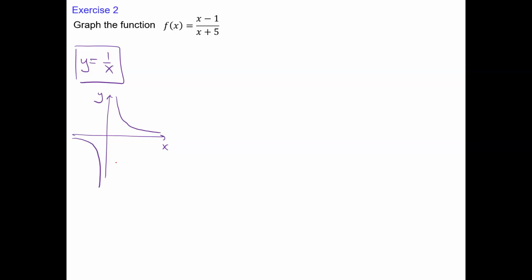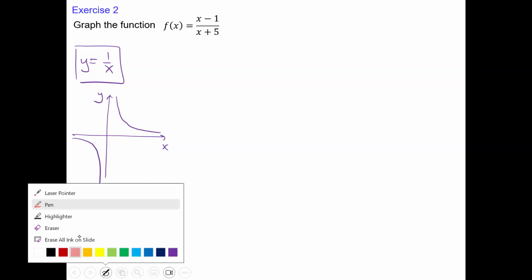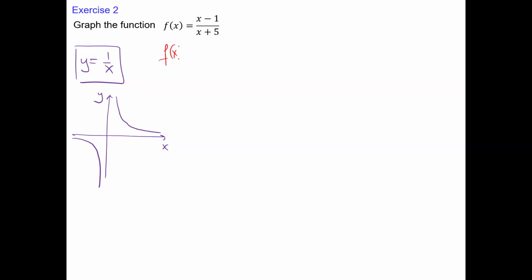Okay, we have to know all of the basic transformations, and that's what I'm going to use to get that graph. First of all, I would like to see x plus 5 minus 6 over x plus 5. You probably see what I did. I added 5, but 5 minus 6 is still negative 1.